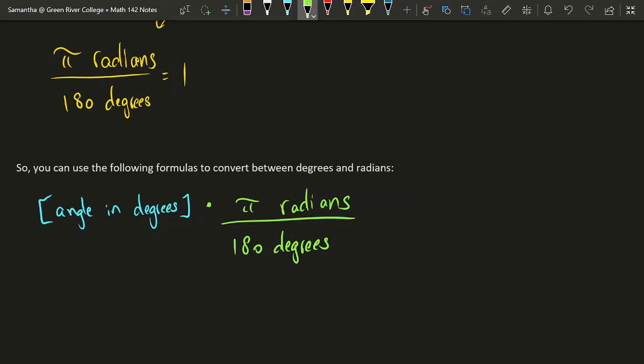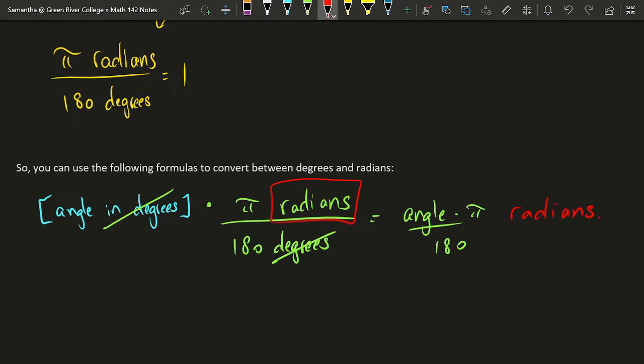By doing this, I can cross-cancel the degrees, and now I get angle times pi divided by 180 in radians only. So if you want to convert an angle from degrees to radians, take the angle, divide it by 180, multiply it by pi, and that will be the angle in radians.